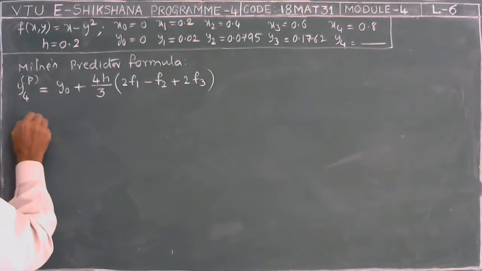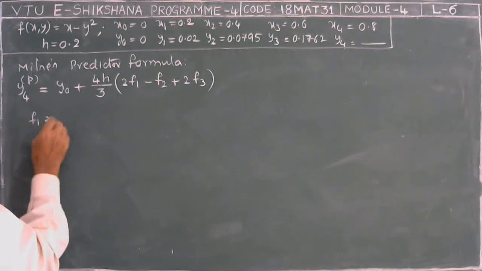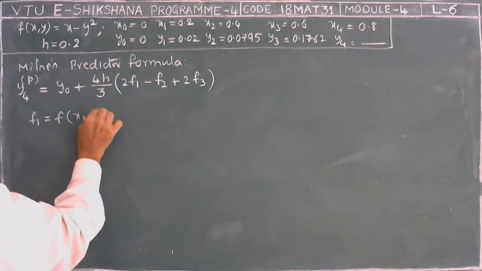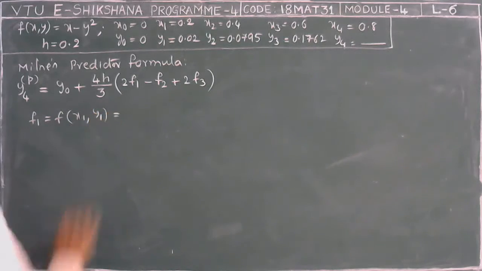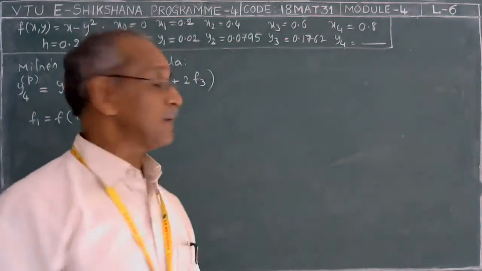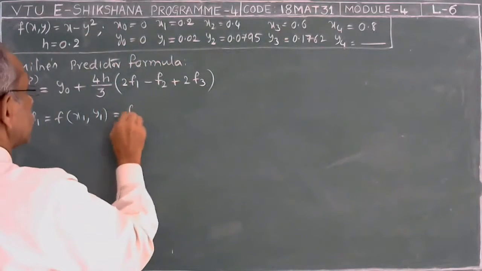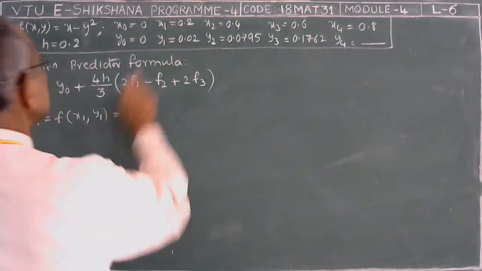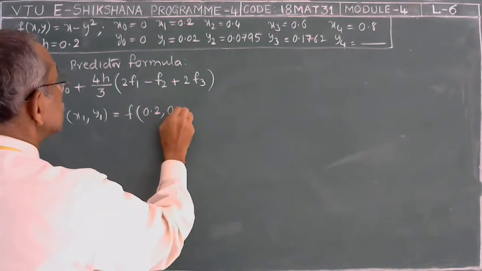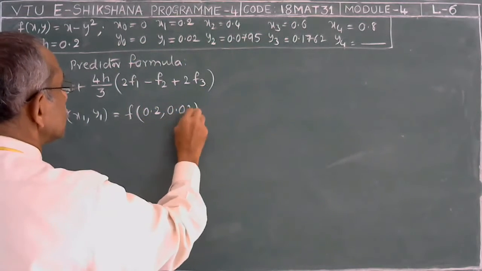Okay. So f1 is f of x1 comma y1. This is equal to f of 0.2 comma 0.02.